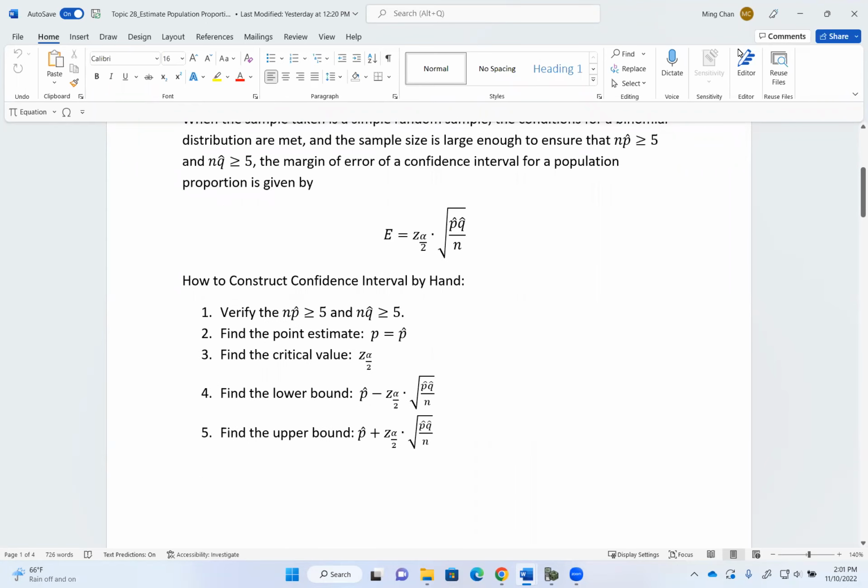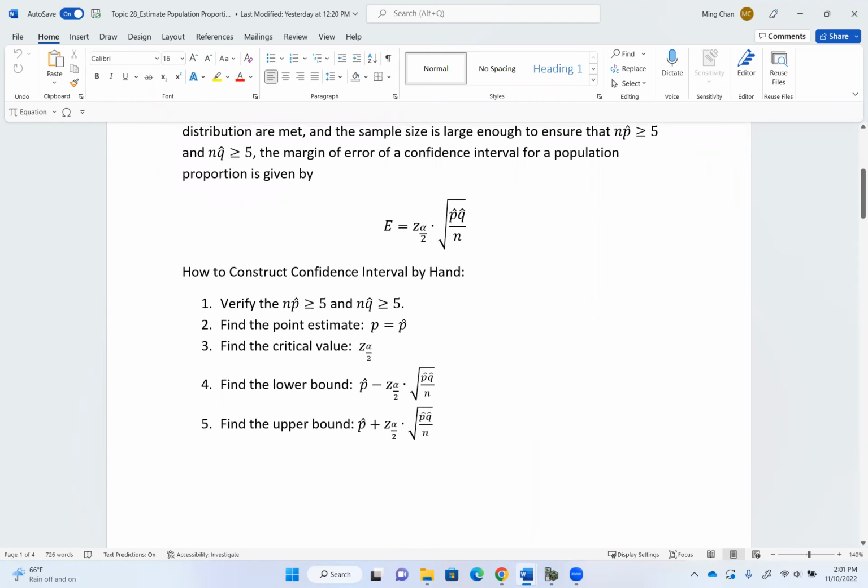A lot of this is basically similar to the formulas we saw when we talked about the central limit theorem with the proportion. All right, so number one, make sure we verify n times p hat is greater than or equal to 5 and n times q hat is greater than or equal to 5. Of course, you're going to find the point estimate.